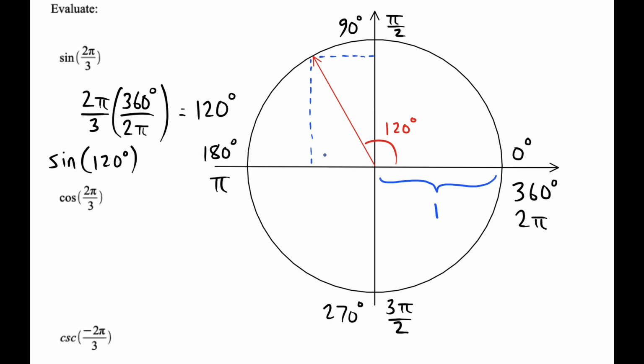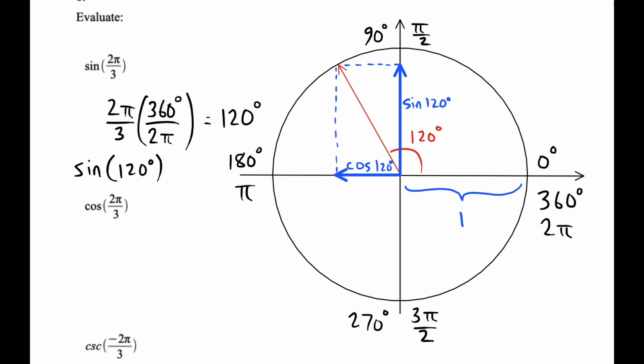So the cosine of 120 represents how far to the left the head of the arrow is, and the sine of 120 represents how high the arrowhead is off the x-axis.